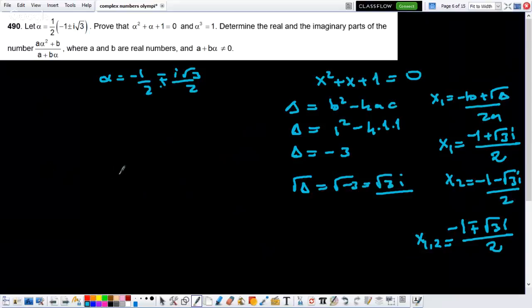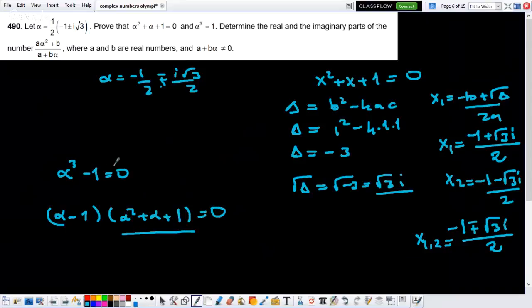It's not difficult to find also this one, because here alpha cube minus 1 must be equal to 0, and alpha minus 1 times alpha squared plus alpha plus 1 is equal to 0. This is where I factorize a cube minus b cube.